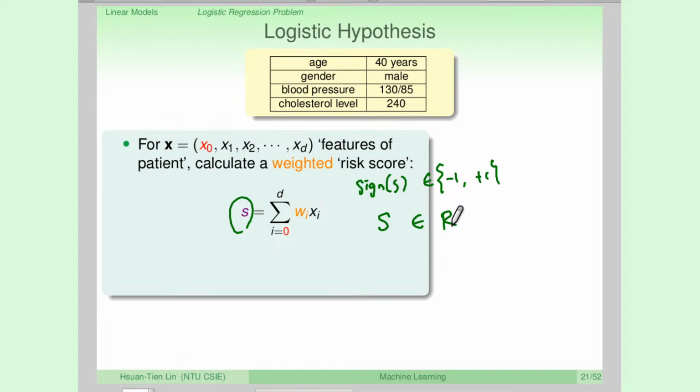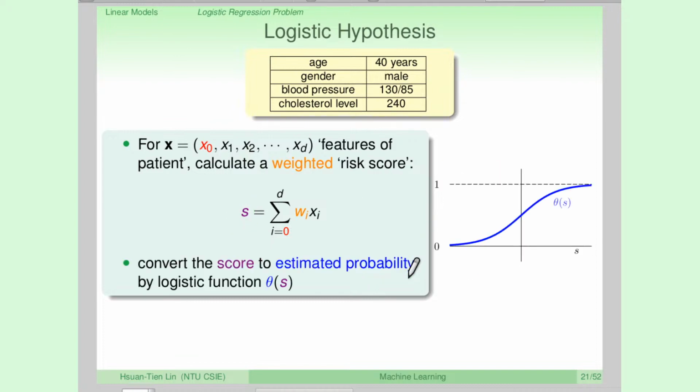Now, what do we want to output? We want to output something between 0 and 1 for this kind of soft classification problem. So we take a function to convert the score to something within 0 and 1. That particular function is going to be called a logistic function.